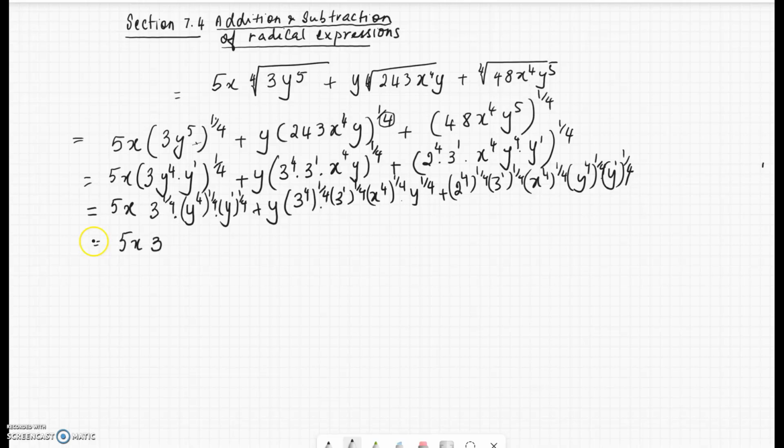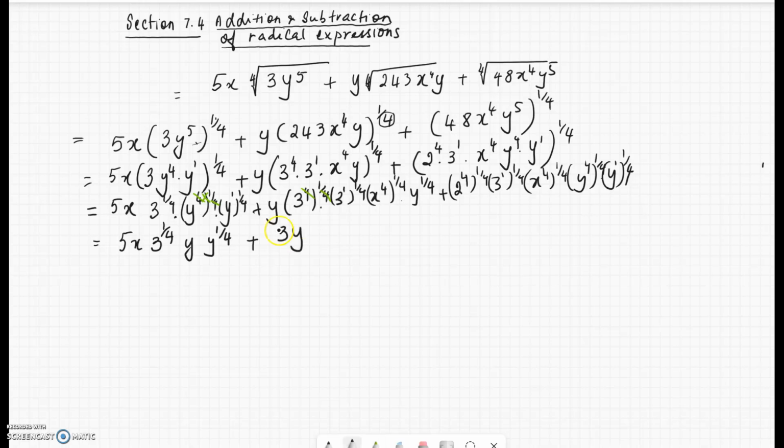So this is equal to 5x times 3 to the 1/4. Nothing simplifies here. The 4 and the 4 cancel because we're going to multiply these two exponents together, and we get y to the 1. And then again we have y to the 1/4. So that completes all the terms there. Plus 3 to the 4 to the 1/4. The 4 and the 4 cancel, and you get a 3.